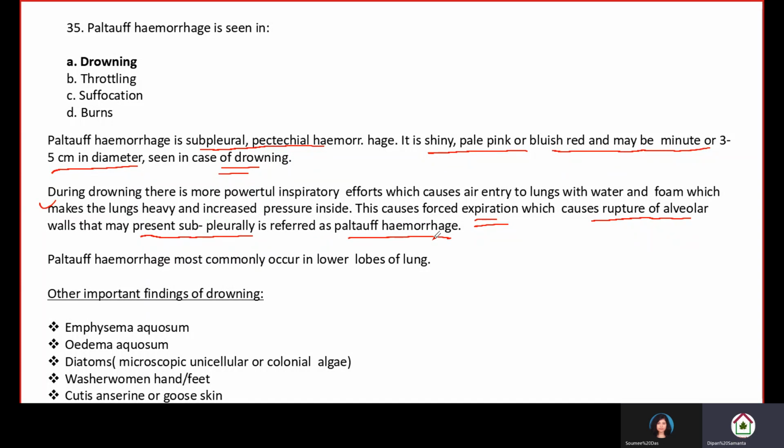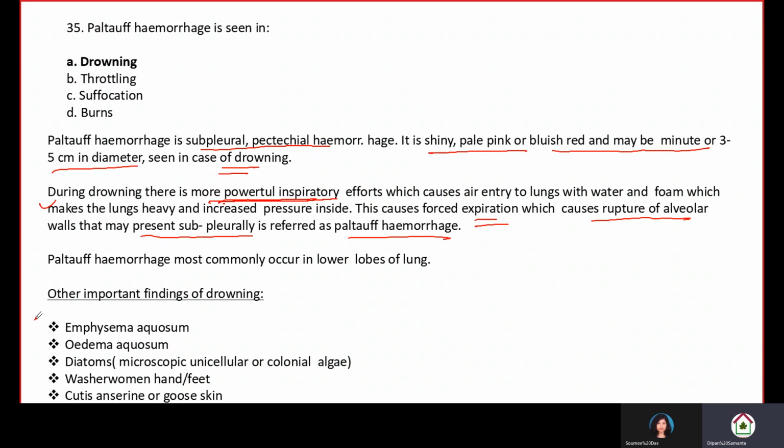So what is happening? During drowning, there is powerful inspiratory effort which causes air entry into the lungs. This happens because during drowning, the person cannot get air.